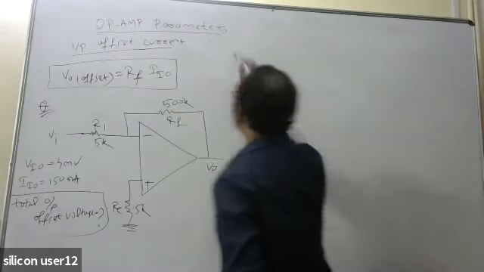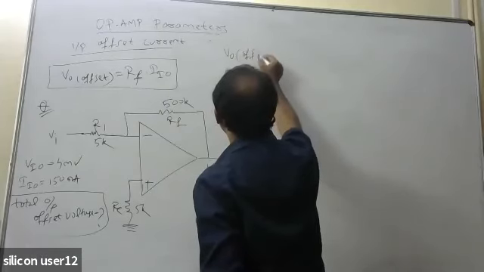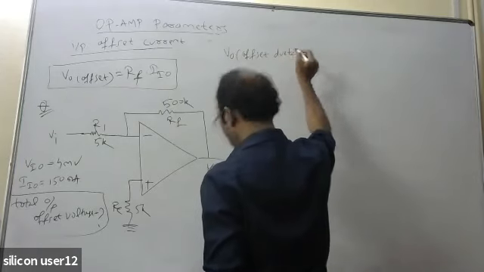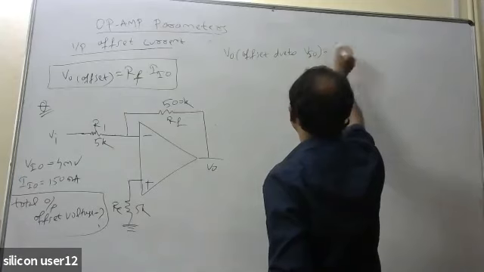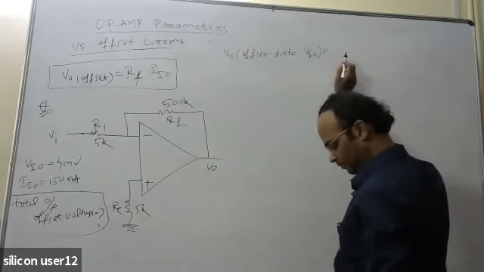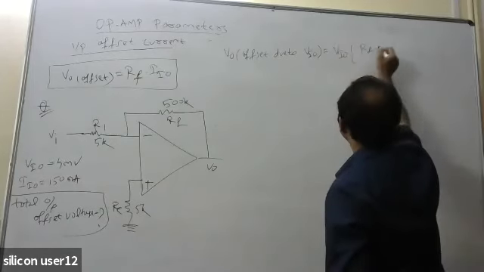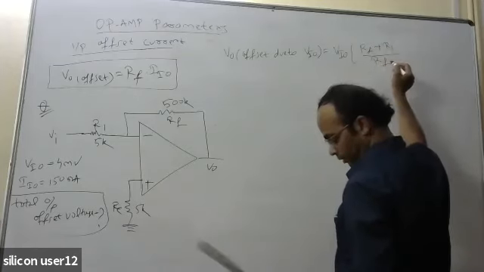V0 offset due to VI0. What is the formula? The formula is VI0 into (1 plus RF by R1).